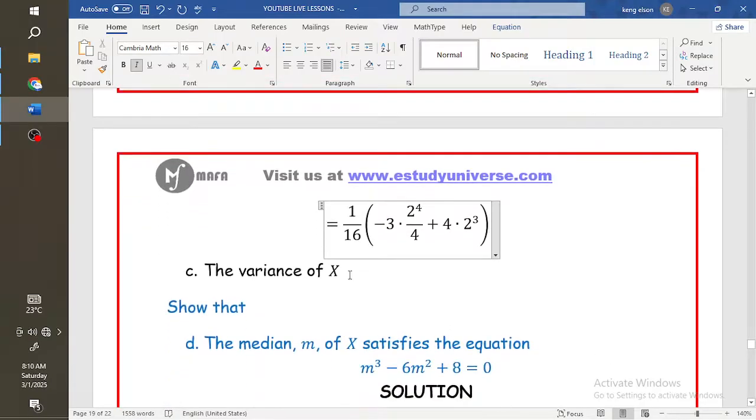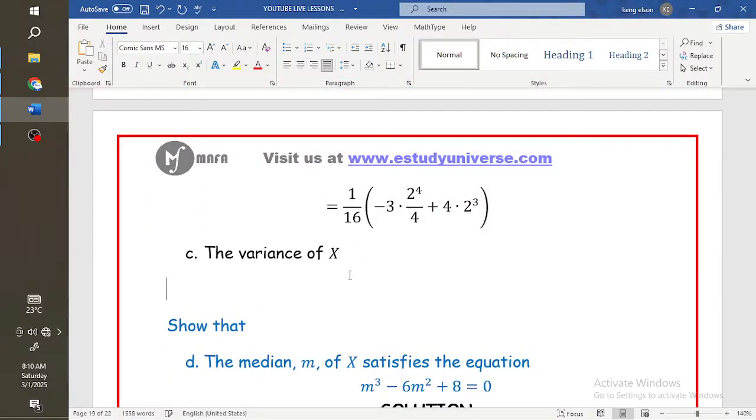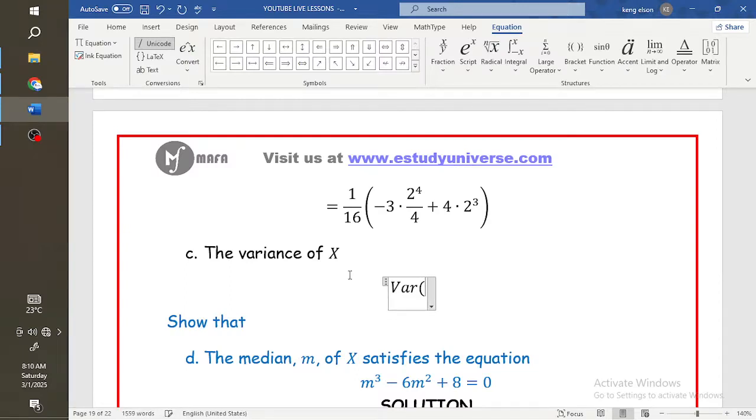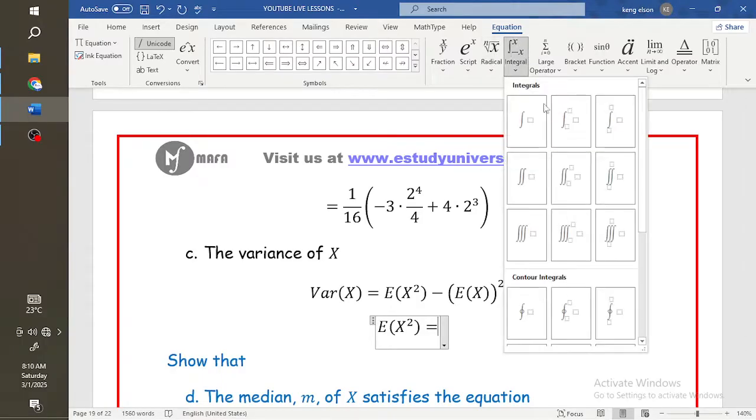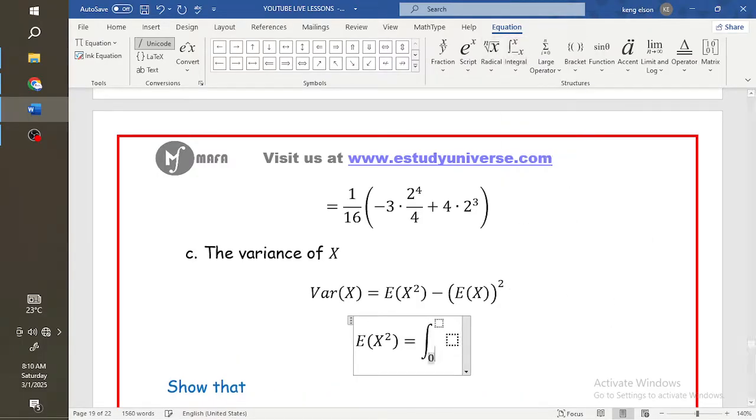Okay, what about the variance? We know that the variance of x is equal to E of x squared minus E of x all squared. Now, what is E of x squared? E of x squared is equal to the integral from 0 to 2.